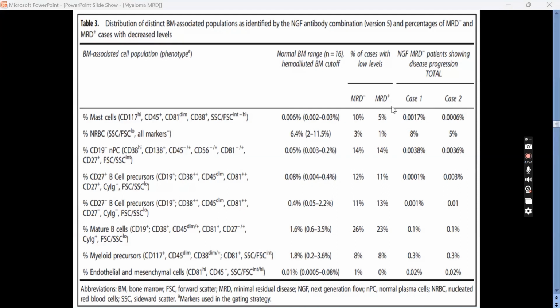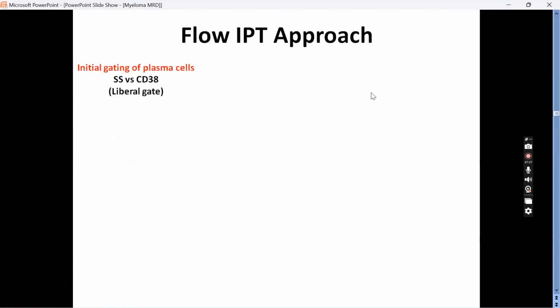Yes, sir. Perfect. Now, the approach for myeloma MRD. As I said, detecting myeloma MRD is not that difficult. What is more difficult is analyzing the data. The hardware and software used to analyze such big data is the problem. If you just acquire 1 million or 2 million events and analyze with a conventional computer and software, you are not doing NGF, you are doing conventional MRD.